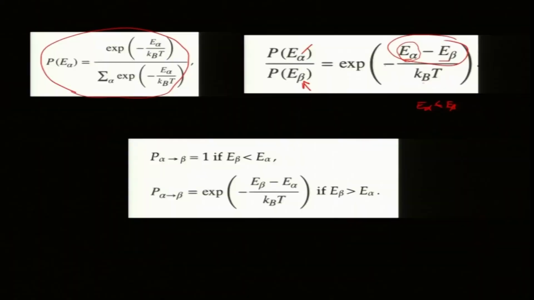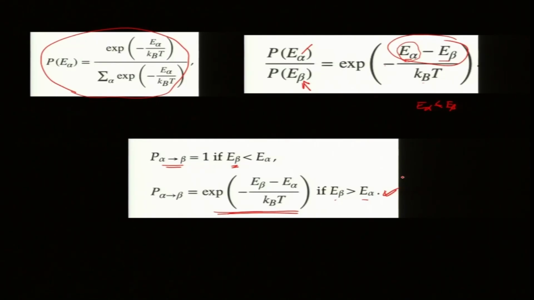So this Metropolis algorithm says: if your energy is lower, then go there. If it turns out that E alpha may be greater than E beta, then go to the next state, or the high energy state, with certain probabilities. That is the algorithm. So if alpha goes to beta, and E beta is lower than E alpha, you go to the lower energy state.